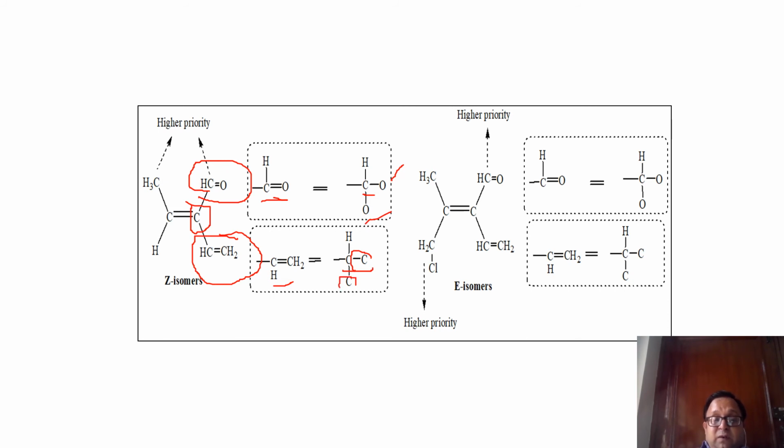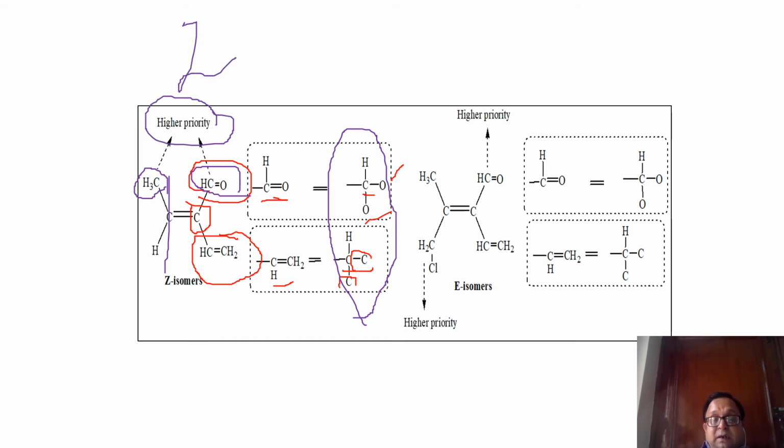So if we find the difference among these 2 structures, this carbon is attached with 1 hydrogen and 2 oxygens. This carbon is attached with 1 hydrogen and 2 carbons. And oxygen, having a higher atomic number than carbon, will get the priority. So this group is having priority, and similarly for the second carbon, this group has priority. Both are on the same side, so this is called Z. And in this case, both are on the alternate side, so this is called the E isomer.